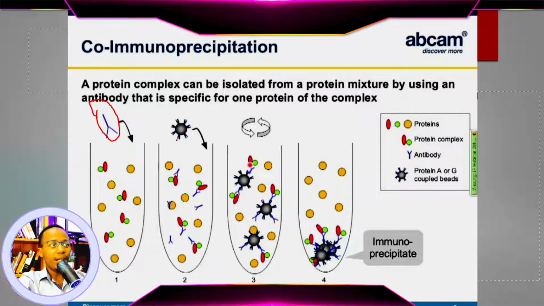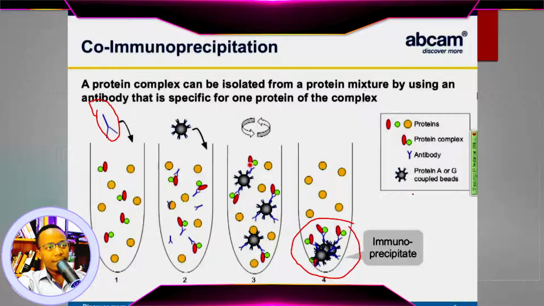And then after antibody, you add what? You add beads, or anything that's going to bind to that antibody. So this is the precipitation step. You find something that's going to bind to that antibody so that it can precipitate it out of the solution. And then after you add the beads, you centrifuge, so that everything that's bound to the antibodies goes down.